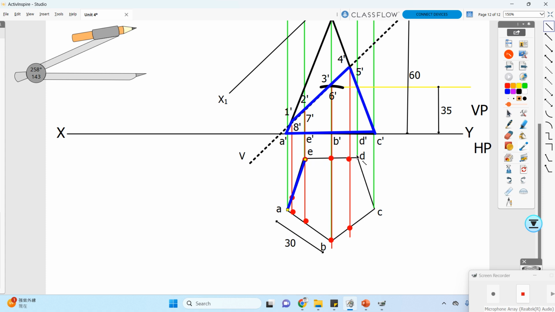Then from this point to this point, then from this point to here, then from this point to here, then from this point to here. That means the base where you can able to find this point to this point is visible. So I have shown that point.